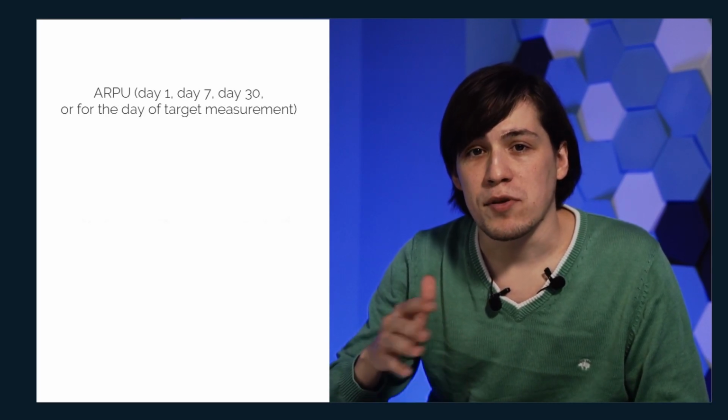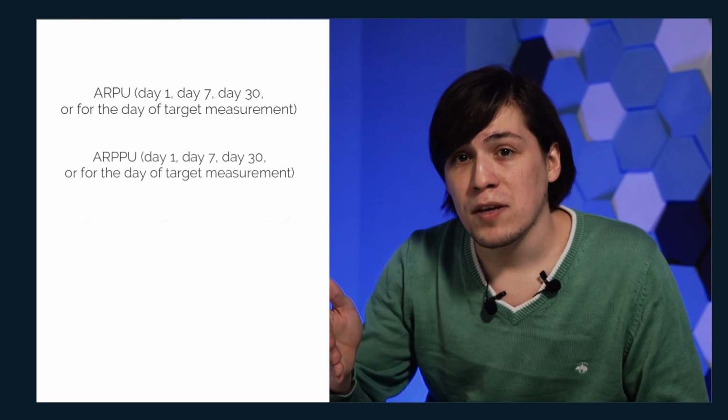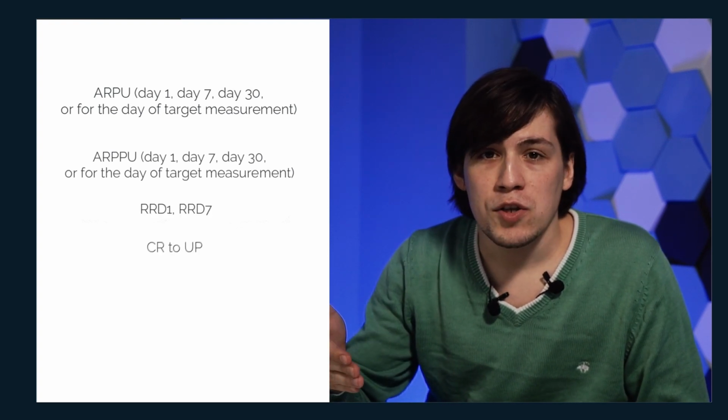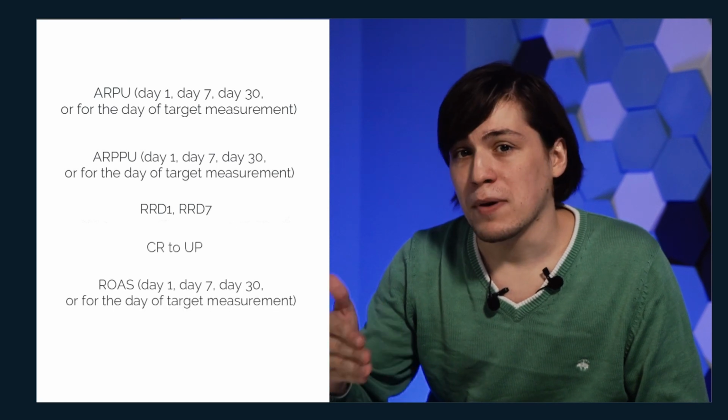The bottom of the funnel data is represented by average revenue per user, average revenue per paying user, retention rate on day 1 and day 7, conversion rate to unique purchase, and return on ad spend. These values are related to our KPIs, but more importantly, they show whether we can achieve a profitable CPI-ARPU ratio.